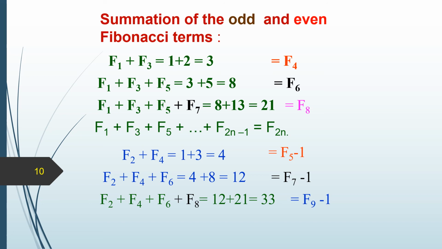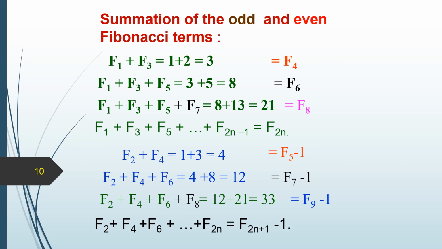f2 plus f4 is equal to f5 minus 1. f2 plus f4 plus f6 is equal to f7 minus 1. f2 plus f4 plus f6 plus f8 is equal to f9 minus 1.